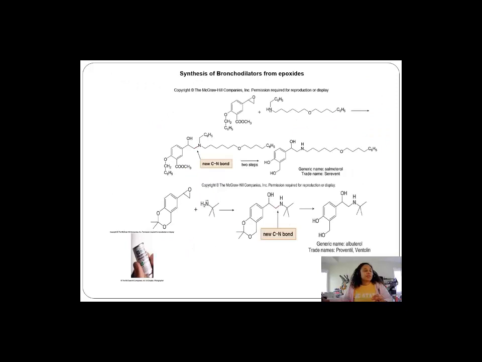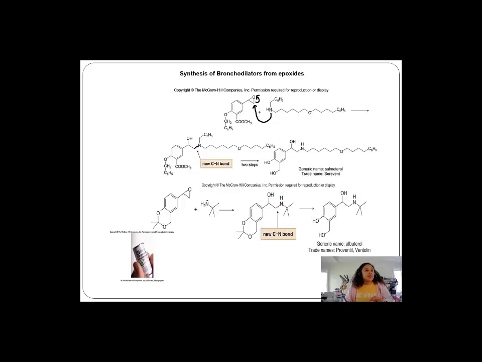So our last couple things: we see epoxides in a variety of different places. For instance, one place that we see it is in the synthesis of bronchodilators. Here we have a nucleophile that can attack an epoxide, open that ring up, and then we can eventually protonate that oxygen and we get this new carbon-carbon bond.